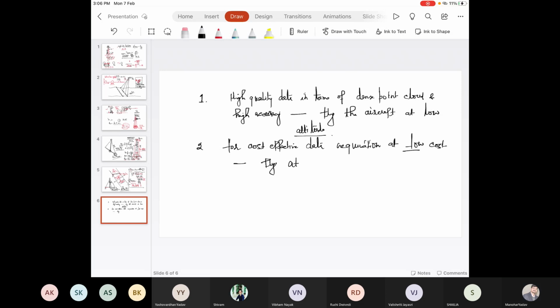Fly at the higher altitude. But at the expense of what? Lower data quality. Lower data quality, if you fly at higher altitude, then obviously what happens?